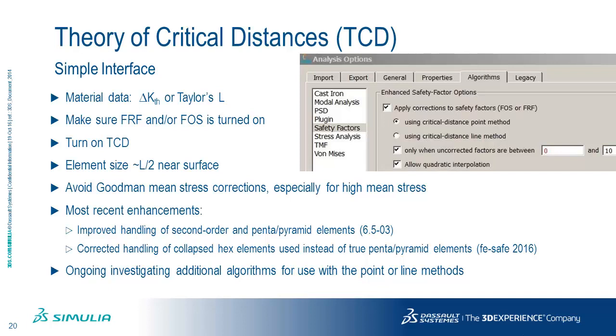And we're continuing to do research on this, especially considering that at the moment we only do a principal stress or normal stress method, a critical plane method at the critical point, or the line method, of course. But we are looking at additional algorithms that include a combination of normal and shear. I can't say when that will come in the code.